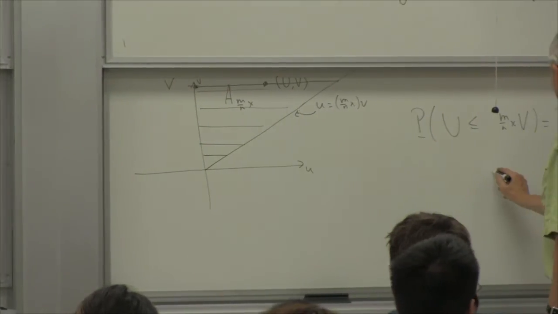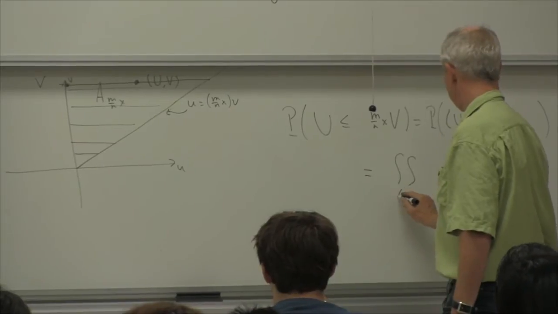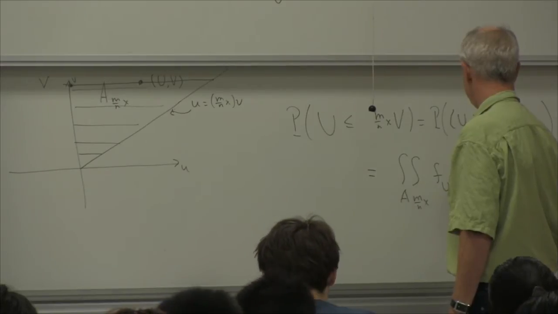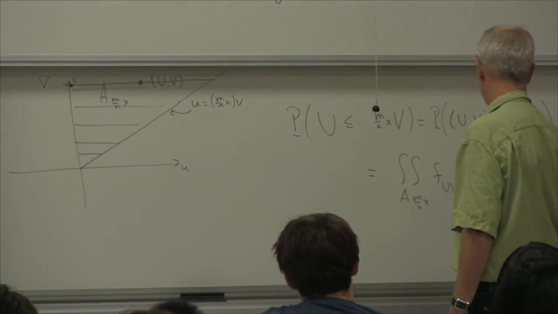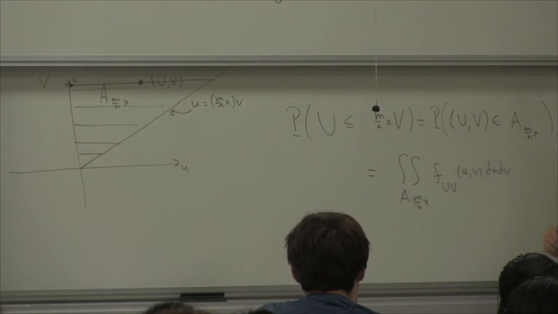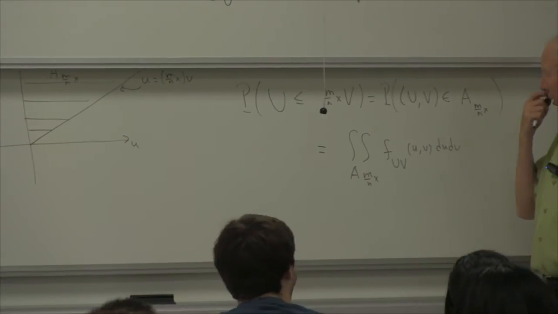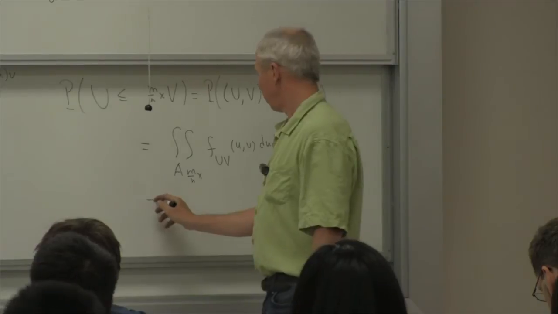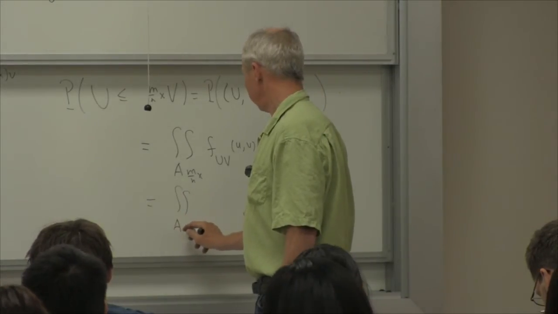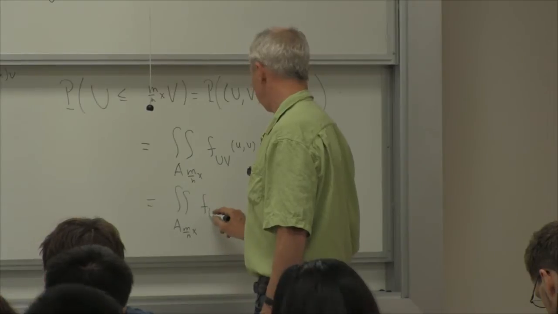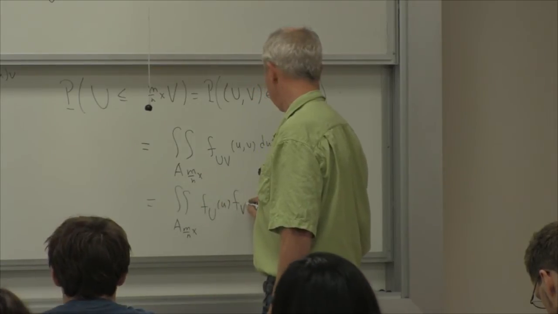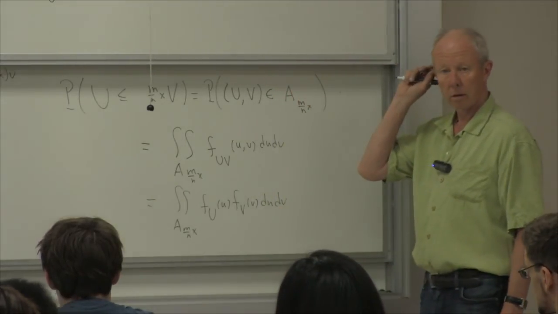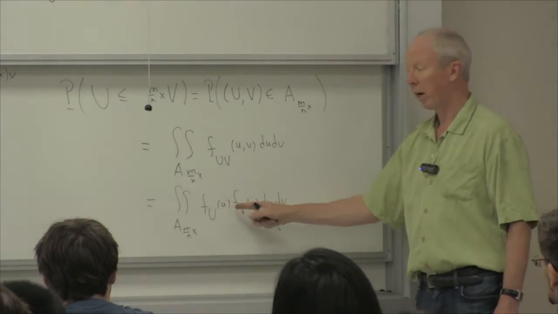And to compute a probability like this, you integrate the joint density over that region. Okay. But they're independent. So the joint density is a product of the individual densities.